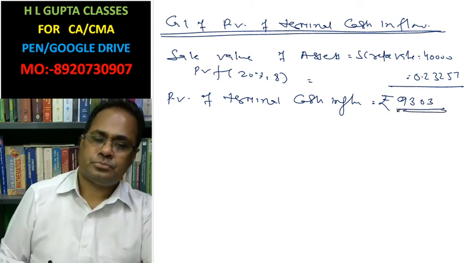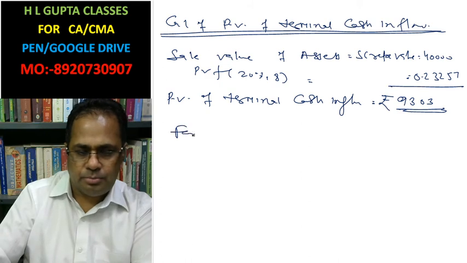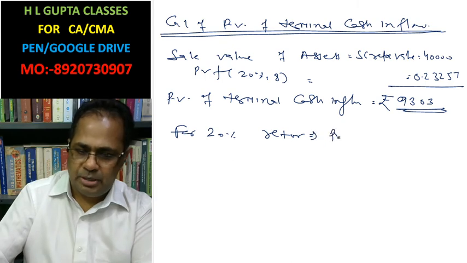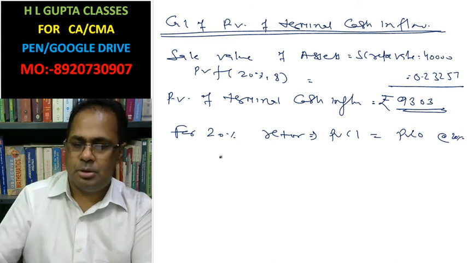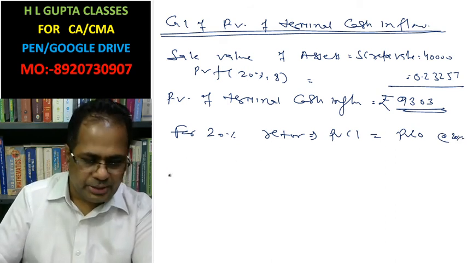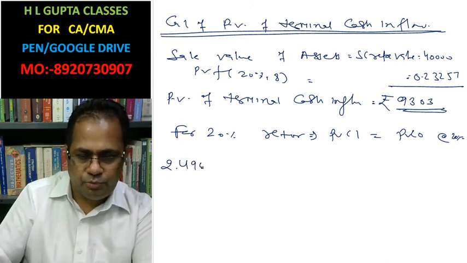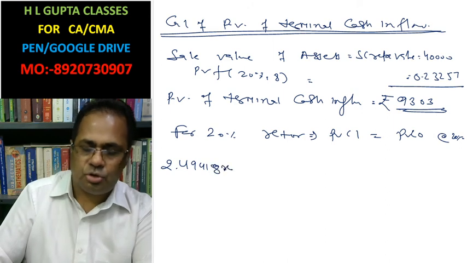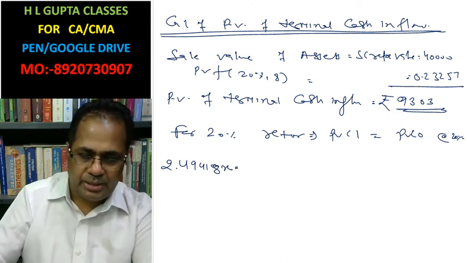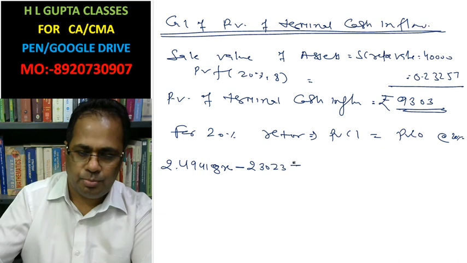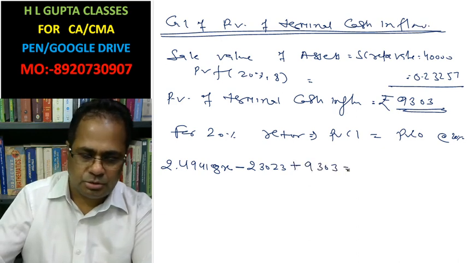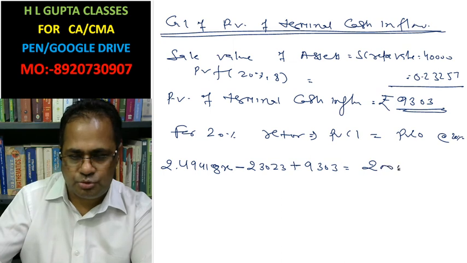Now for a 20% return, present value of cash inflow equals present value of cash outflow at the rate of 20%. This is 2.49418x, the operating lease rent, minus 23023 plus 9303, equal to present value of cash outflow, rupees 2 lakh.